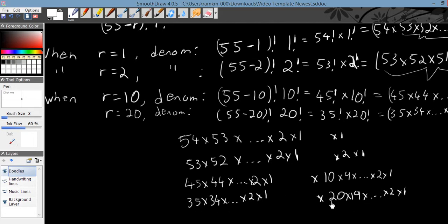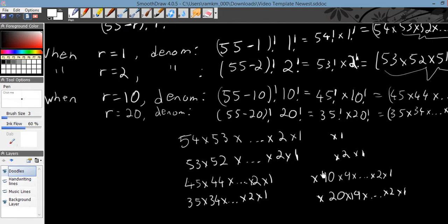Well, in this case, it's 20 to 1. 20 times 19, and so on and so forth, times 2 times 1. In this case, it's 10 to 1, but also 36 to 45. In this case, it's 36 to 53 and 2 to 1. It should make sense, hopefully, that this 36 to 45 and 10 to 1 is going to be bigger than 20 to 1.